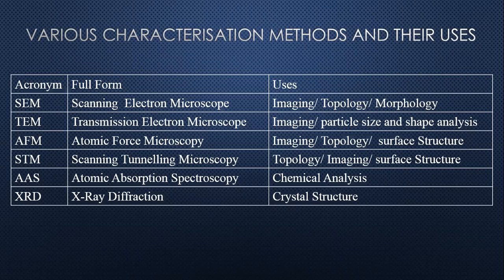AAS stands for Atomic Absorption Spectroscopy, and this is generally used for the chemical analysis or chemical composition analysis of the nanoparticles. And the last one mentioned in this table is XRD. XRD stands for X-ray diffraction, and the X-ray diffraction characterization method can be used for the crystal structure observation of the nanoparticles.